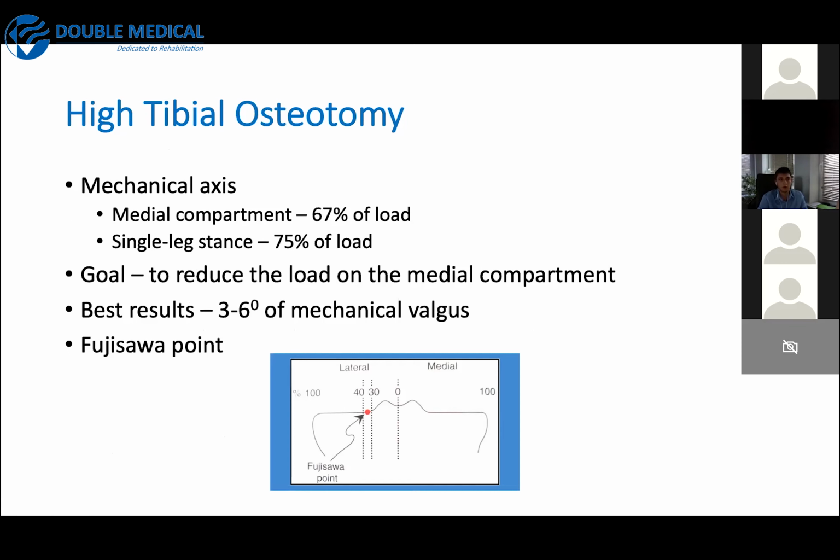So the goal of high tibial osteotomy is to reduce the load on the medial compartment. The best result is achieved with 3 to 6 degrees of mechanical valgus, and this is called the Fujisawa point. This is from 30 to 40 percentile valgus, as shown on this screen.